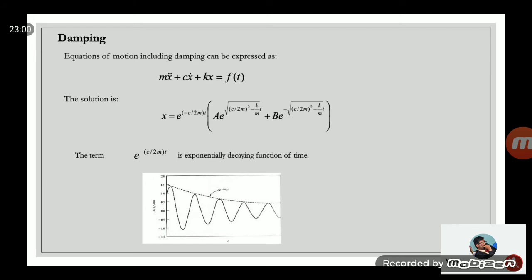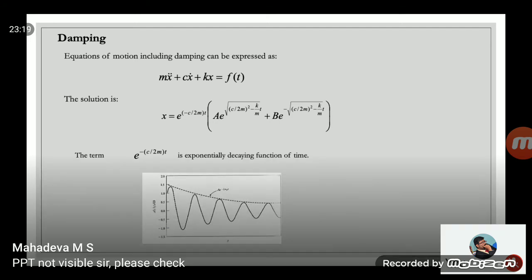The oscillatory part has an exponentially decaying function of time, as you can see, e to the power of minus c over 2m times t, involving mass, damping and time. With time, it will vanish.